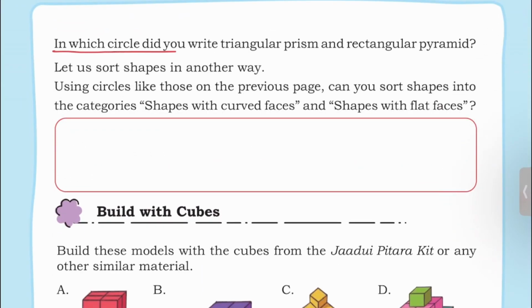In which circle did you write triangular prism and rectangular pyramid?